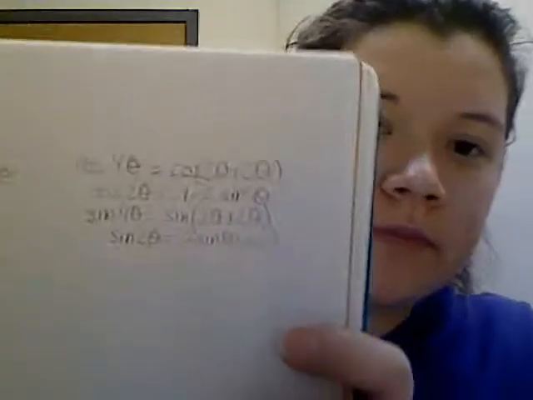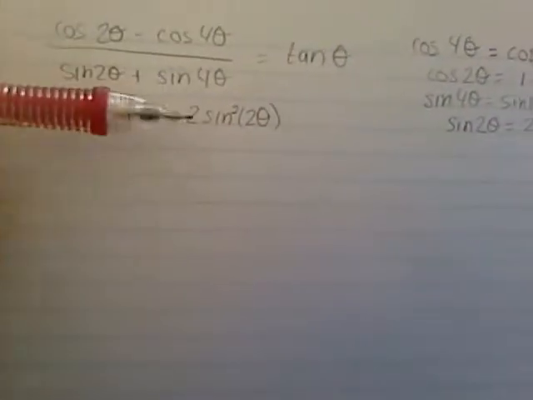So we're going to have cosine of 4 theta, which we know, since cosine of 2 theta is equal to 1 minus 2 sine squared theta, but since we have 2 thetas, we're going to have sine squared 2 theta. Right there.